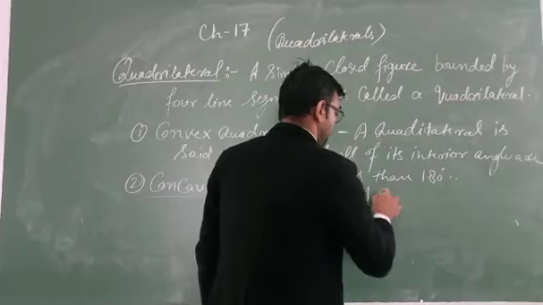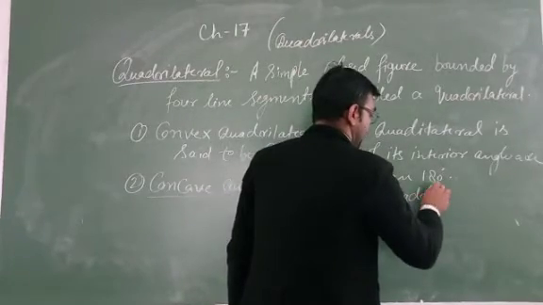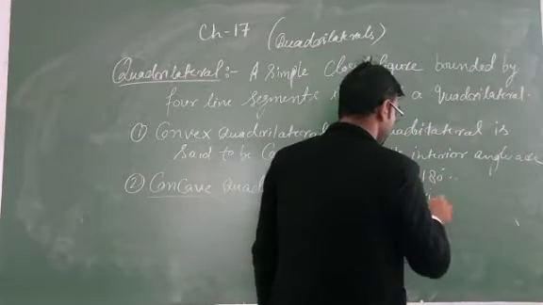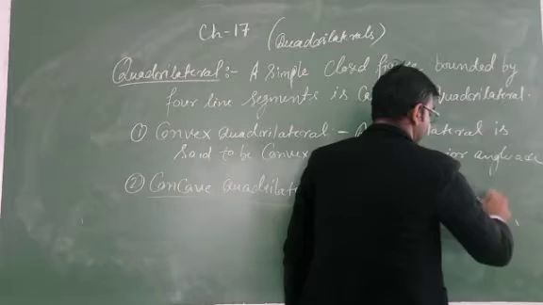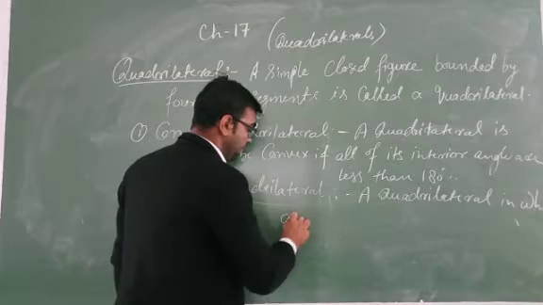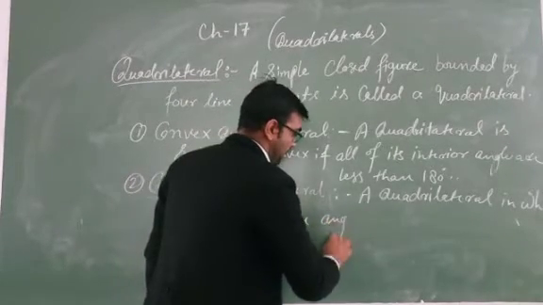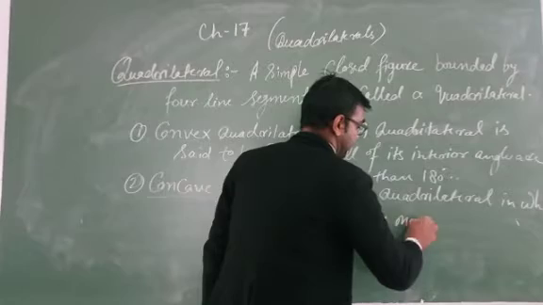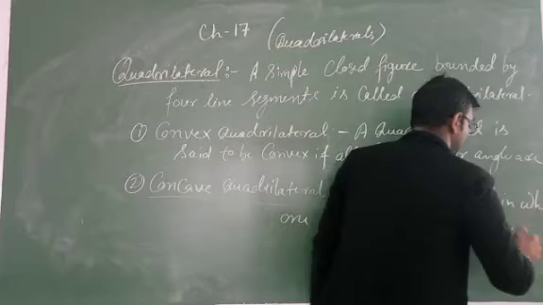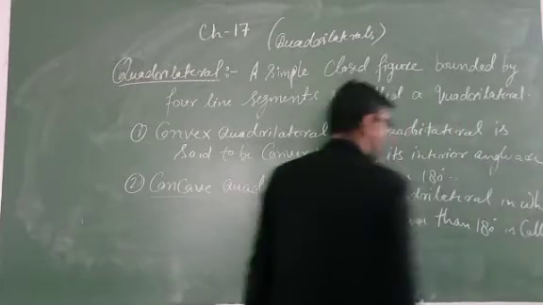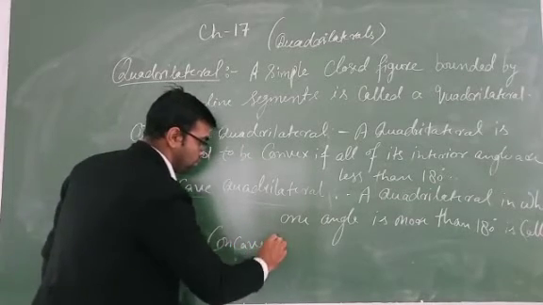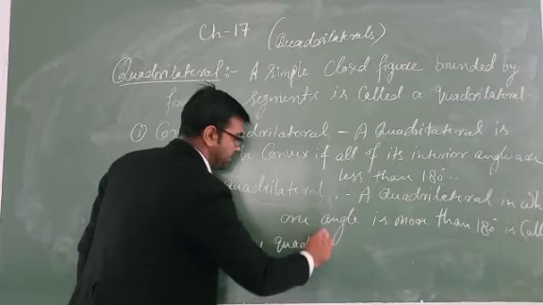A quadrilateral in which one angle is more than 180 degrees is said to be called a concave quadrilateral.